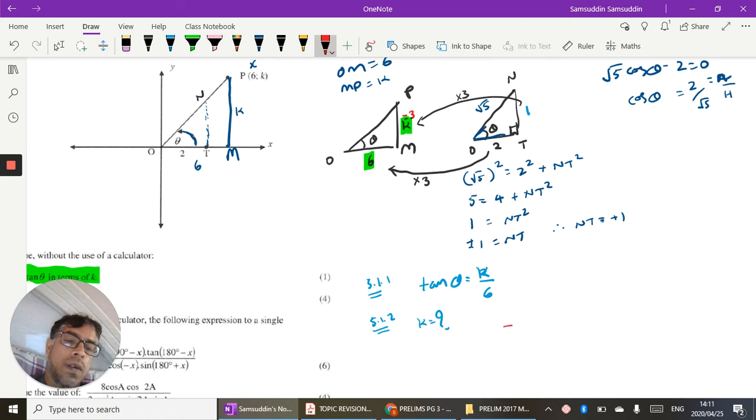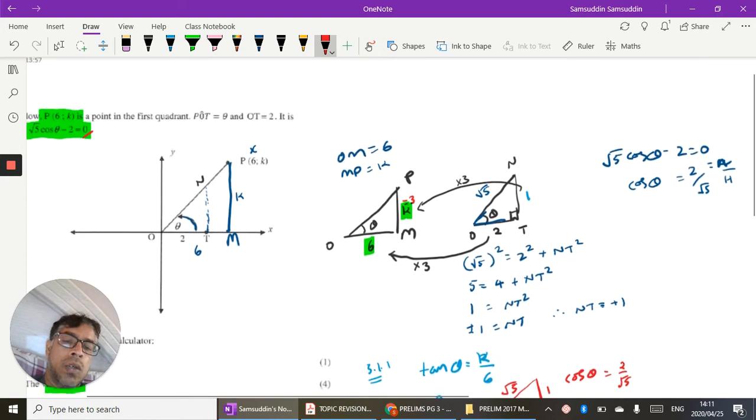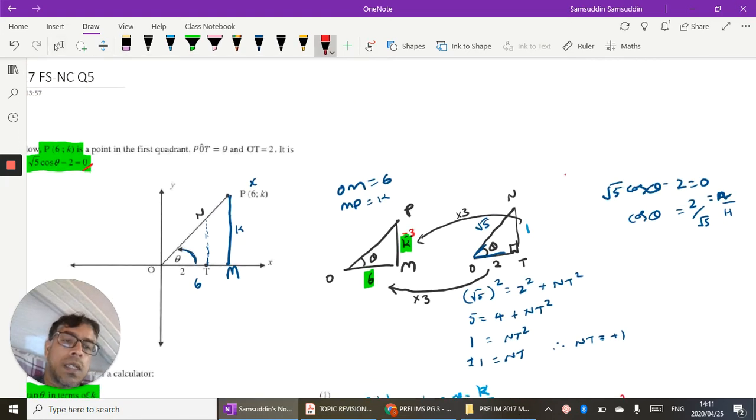To find the value of k, we start with the definition: cosine theta equals 2 over root 5. When I used Pythagoras, I ended up getting the value 1. So this is my starting point for 5.1.2.